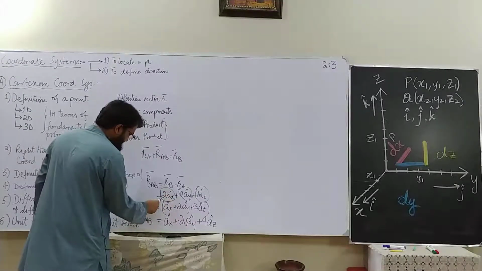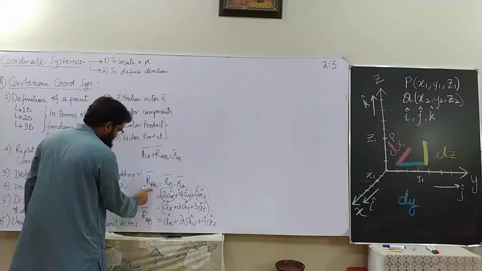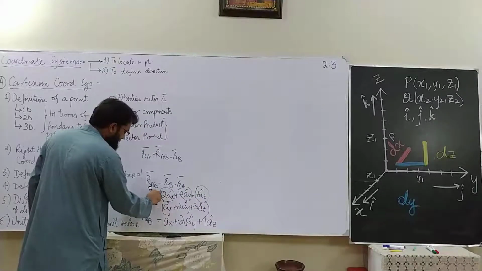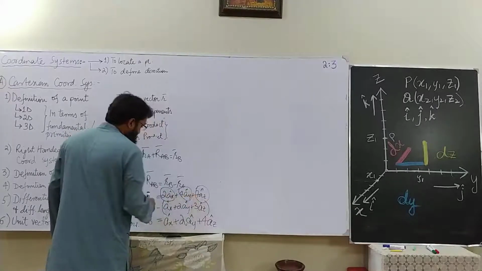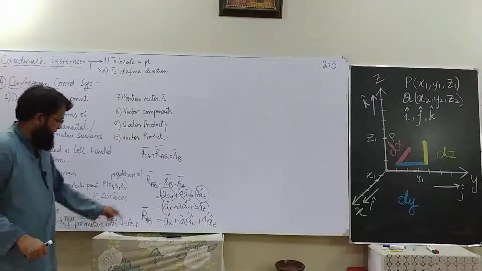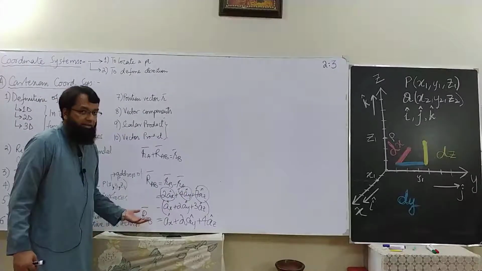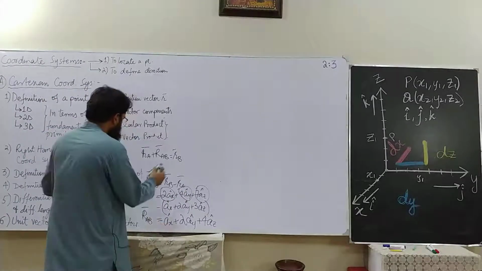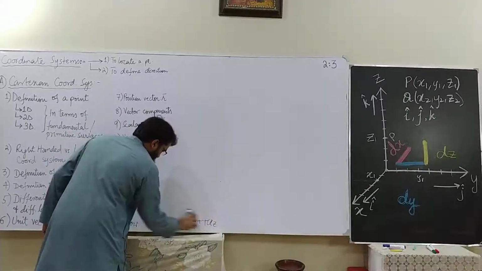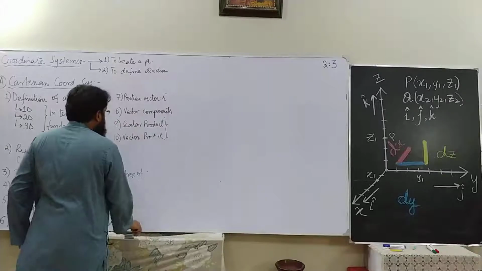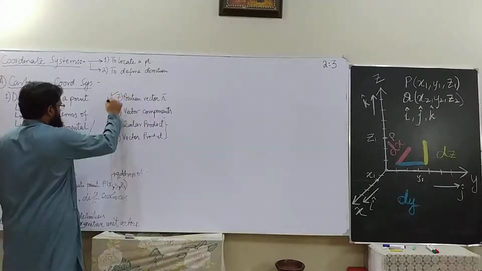If this is a vector component of RAB, then simply 2 and 4 and 7 are the scalar components in the direction of x, y, and z. Okay, just remove the unit vectors and you will get the scalar components. That's the thing which you all know very well. Okay, so we have discussed everything here now so far.